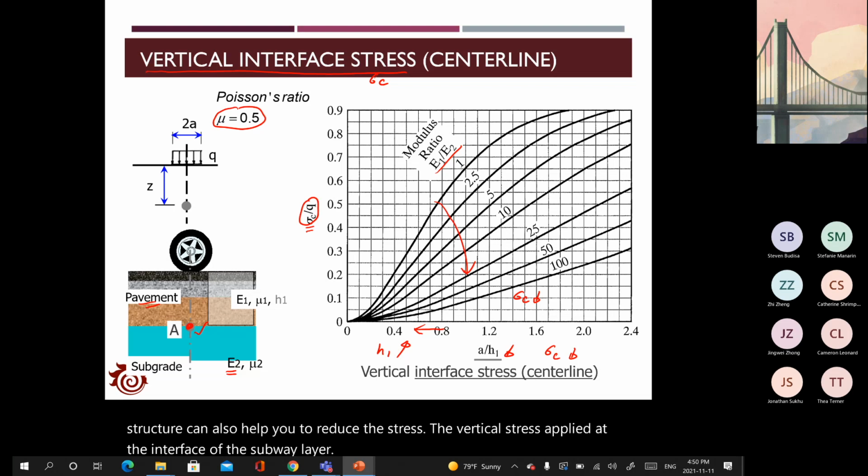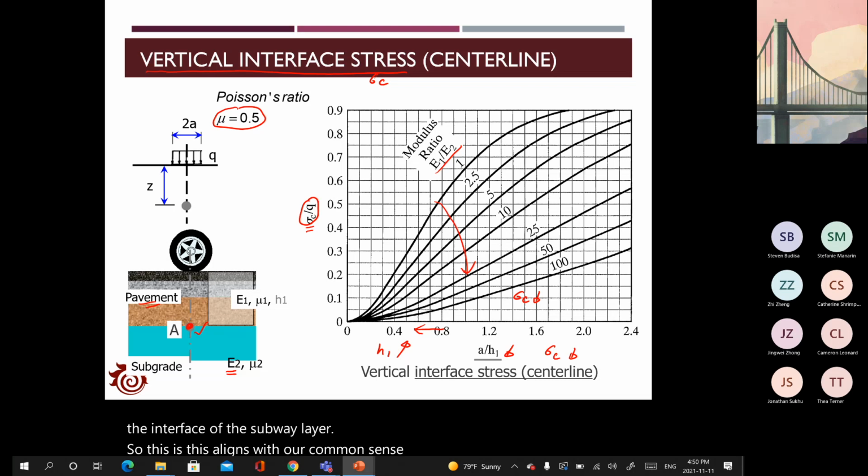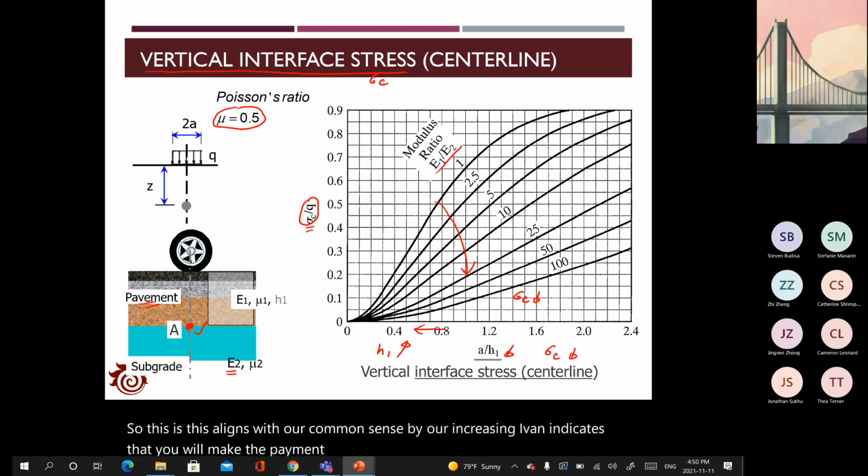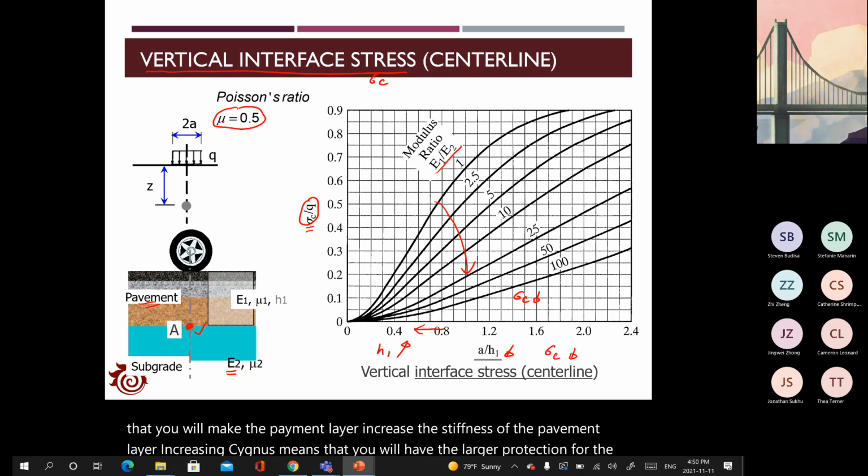So this aligns with our common sense. Increasing E1 indicates that you will increase the stiffness of the pavement layer. Increasing thickness means that you will have larger protection from the pavement layer to the subgrade.